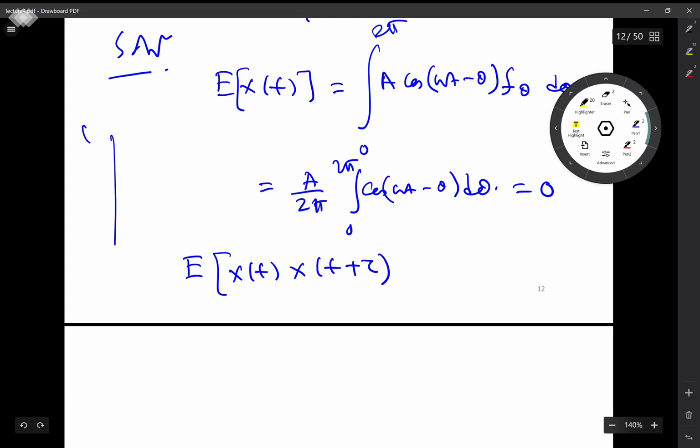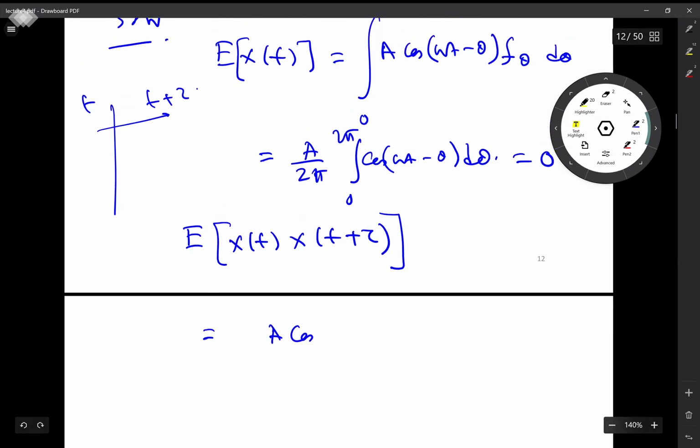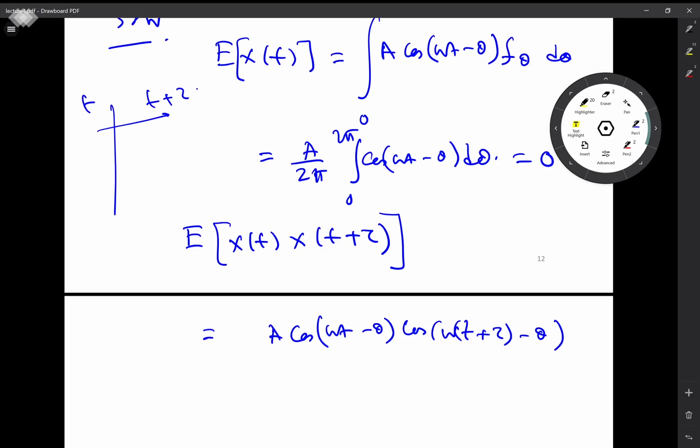At one time t we calculate, then shift to t plus τ, and calculate both. So this will be the integral of A cos(ωt − θ) times A cos(ω(t+τ) − θ) times f(θ) dθ from 0 to 2π.